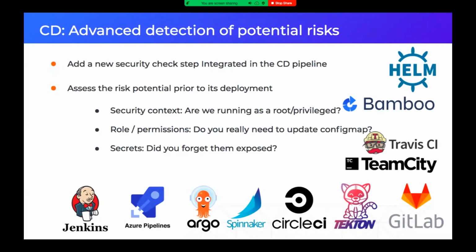Now you can ask me, what can go wrong? We didn't even deploy anything. And the answer is yes, if we can assess the risk potential prior to the deployment, we can avoid the risk before it happens, before it becomes real.